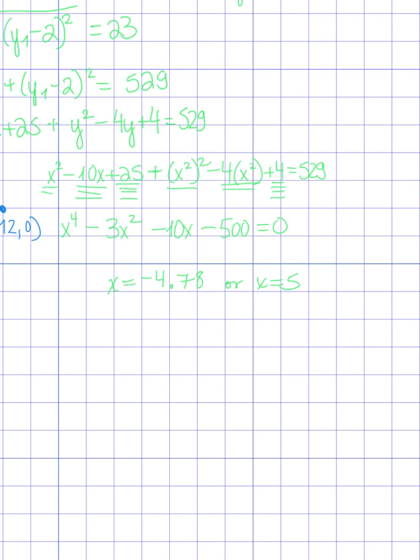Because remember, these are points on the graph. So this one's going to be 25. And if we square negative 4.78, that's what it is in the calculator squared, that's going to be 22.8.